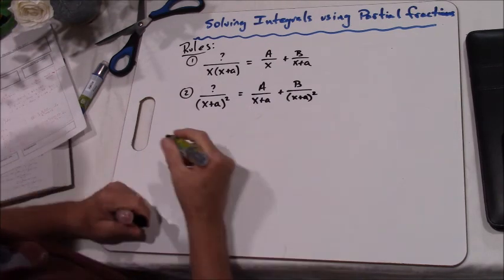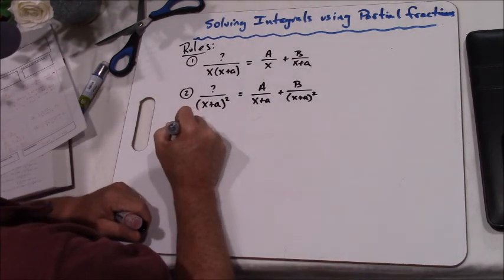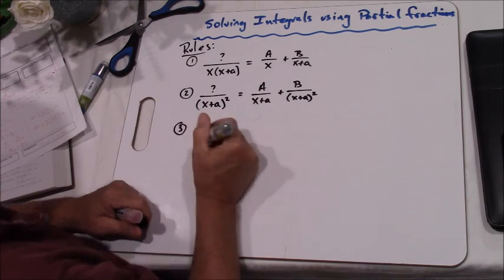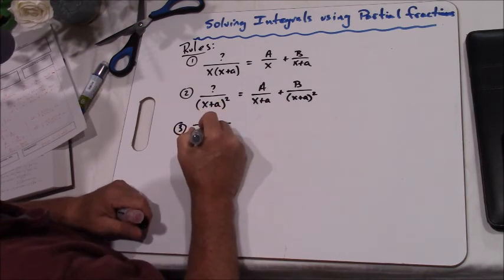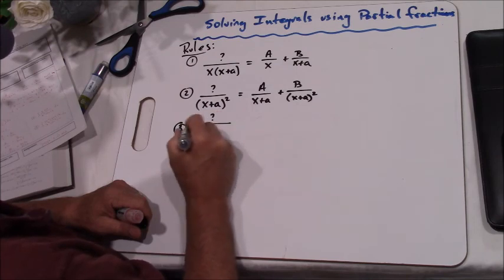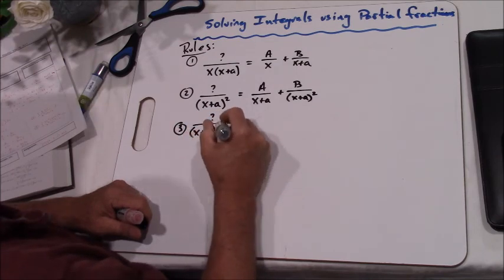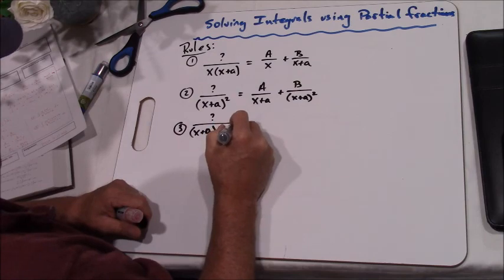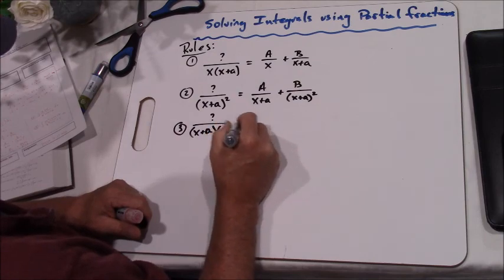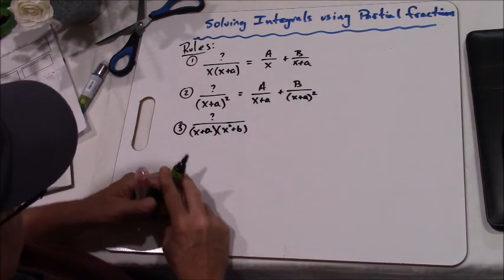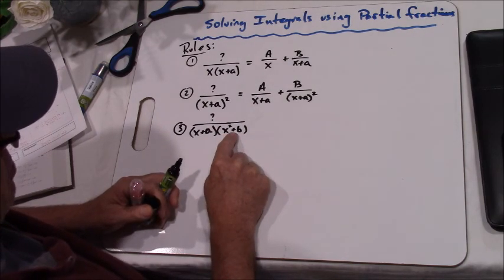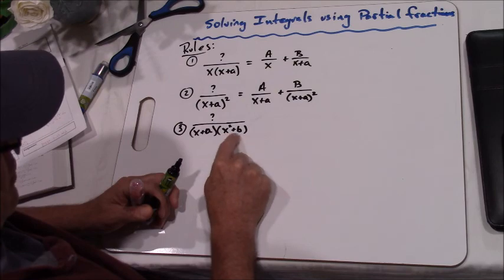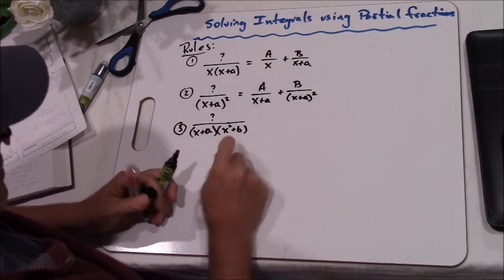All right, and then our third rule, and this is all we have, is just 3 rules to look at. If I have something over x plus a times x squared plus b, and this could even be something like x squared plus bx plus c, some kind of quadratic expression.